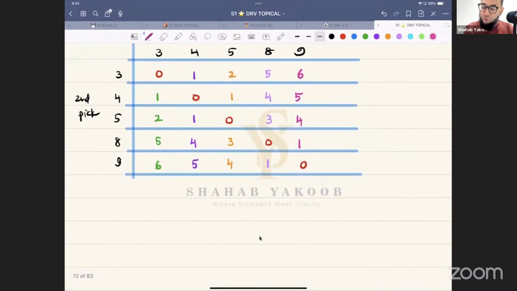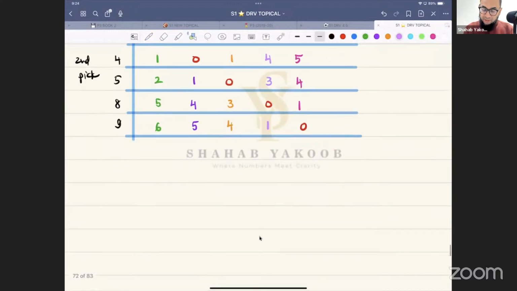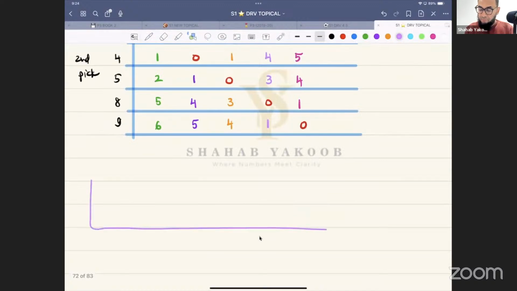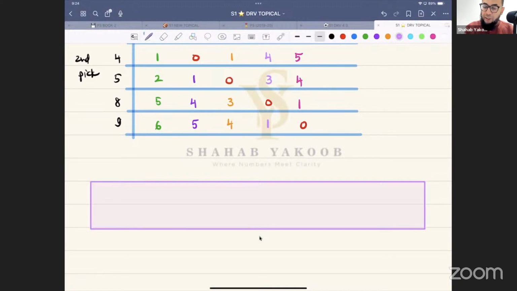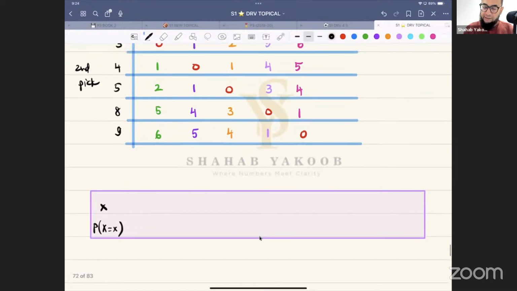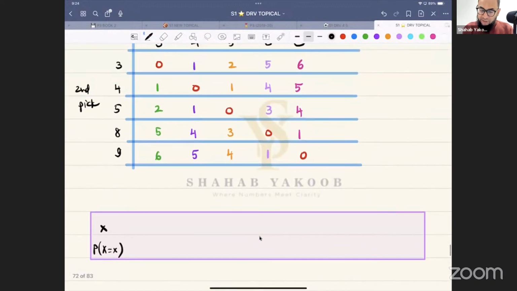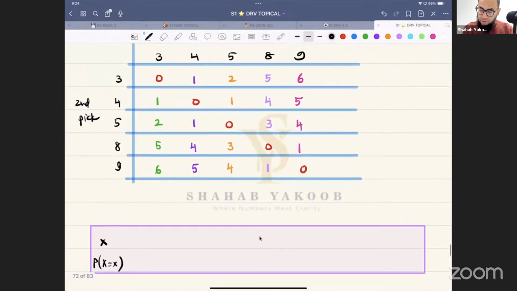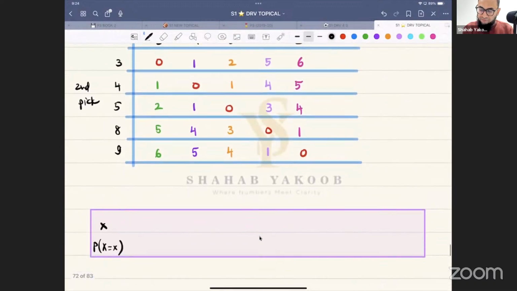Now let me focus on these scores. So let me make a table. Let me make up a table. Okay. So now let me write over here, this is X, this is probability, X is equal to. What are the scores? 0 is there, 1 is there, 2, 3, 4, 5, 6.